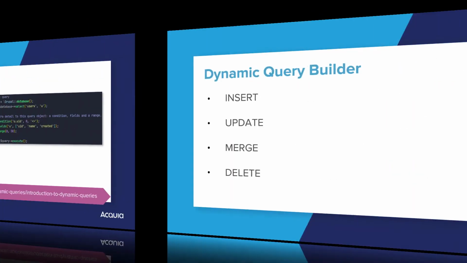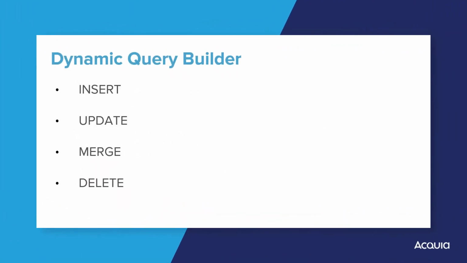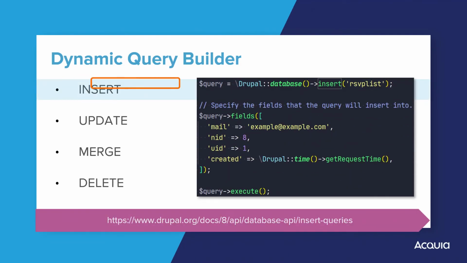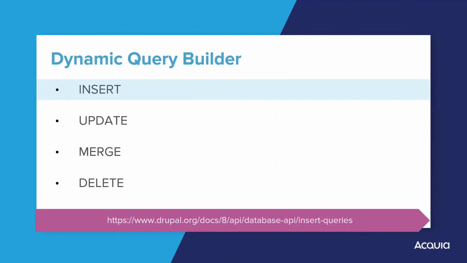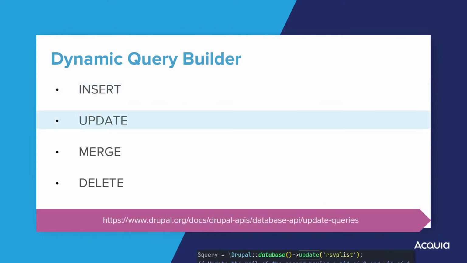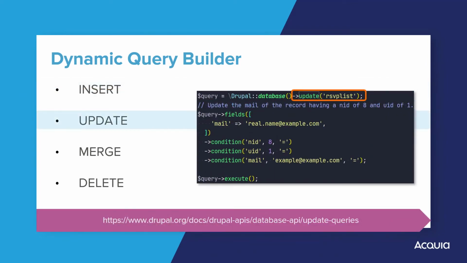Now that you have seen the typical format for a dynamic query and have seen an example using select, know that the other query types are performed likewise. To begin an insert query, use insert. For an update query, use update. Notice that this is always performed on the database connection object.